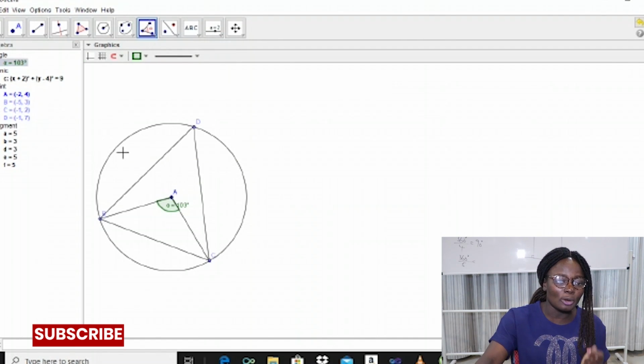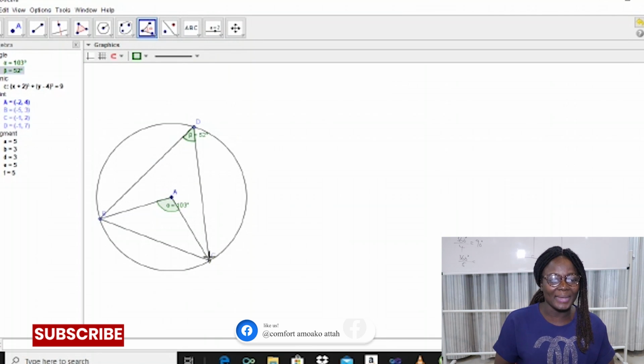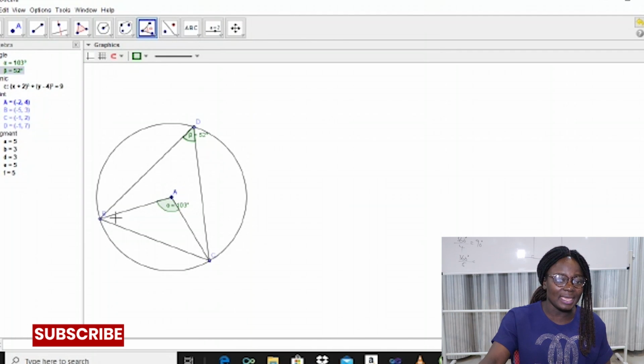So I'll stand on points B, D, and C and draw my angle. So we can observe that angle BAC is giving me 103 degrees. And we can also observe that angle BDC is giving me 52 degrees.